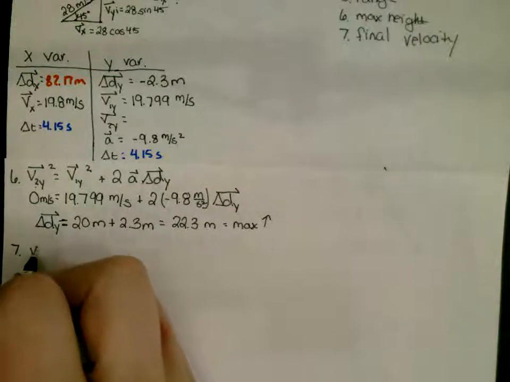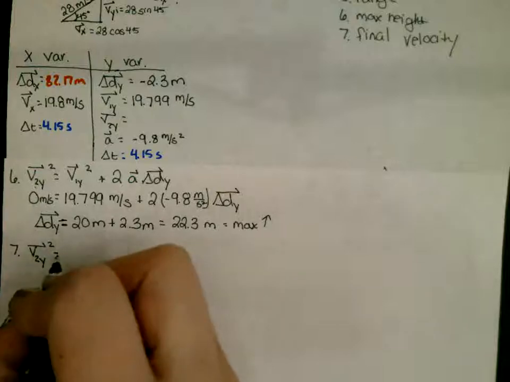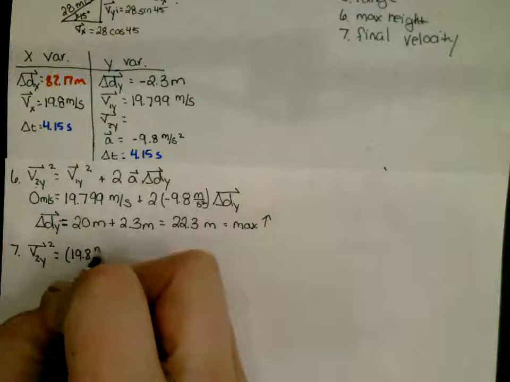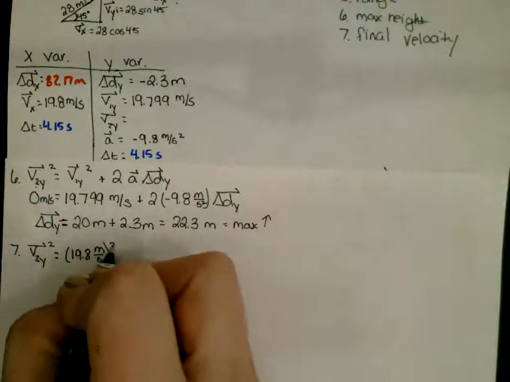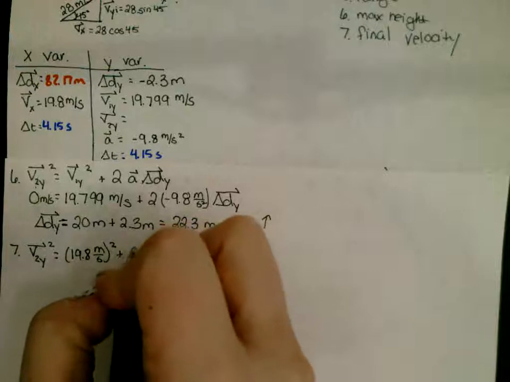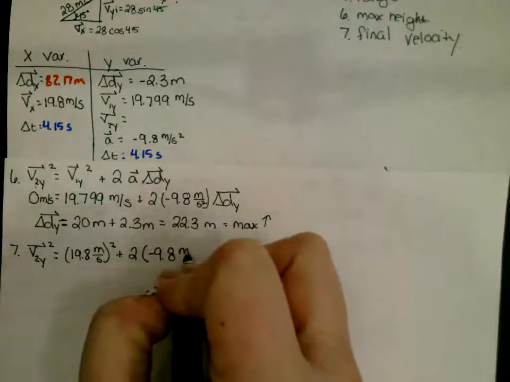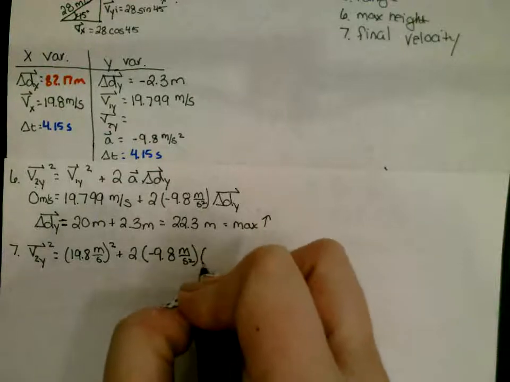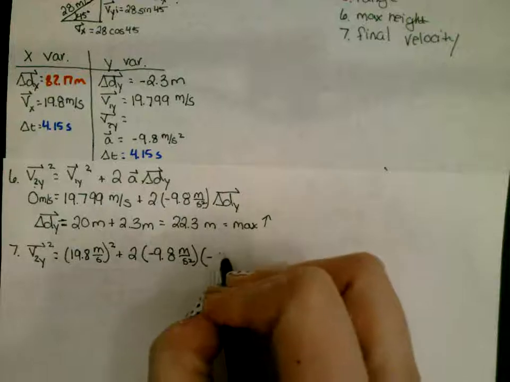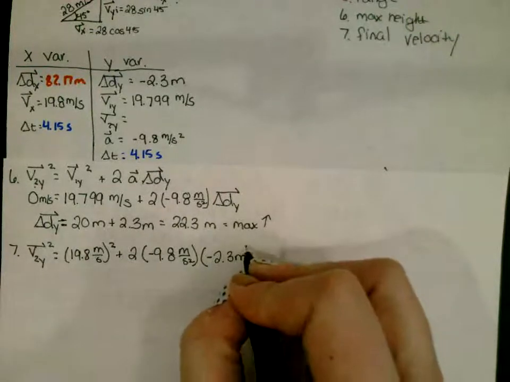So our final vertical velocity is equal to 19.8 meters per second squared plus 2 times negative 9.8 meters per second squared. We want to know what this is when our displacement is negative 2.3 meters.